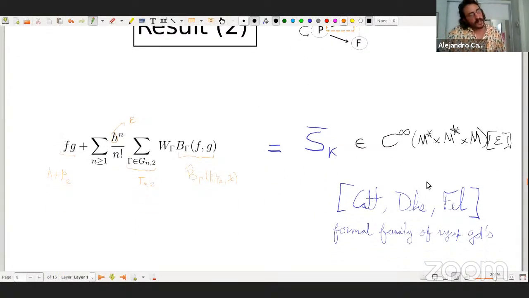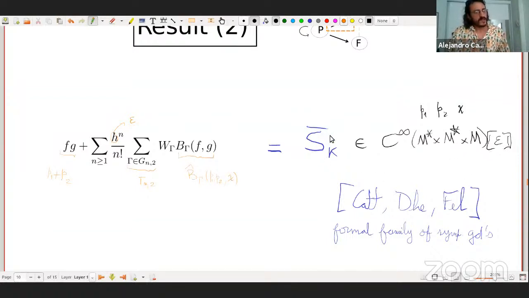So on this right side, it's a formal family of functions of P1, P2, and X as they were appearing before, but now we also have a formal parameter.